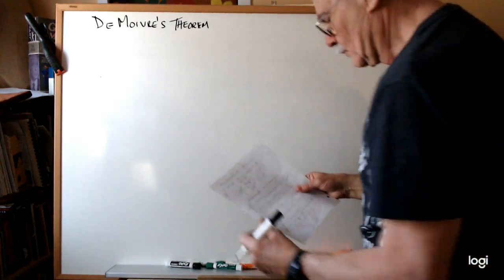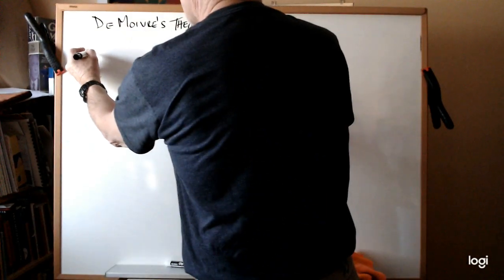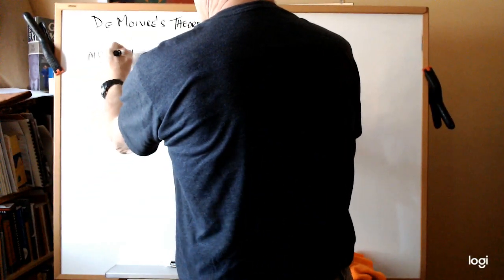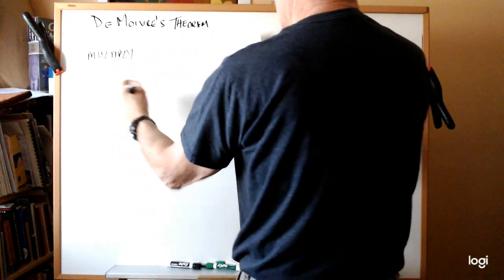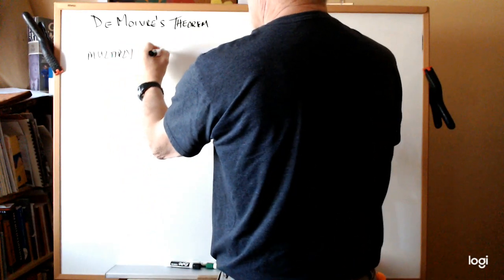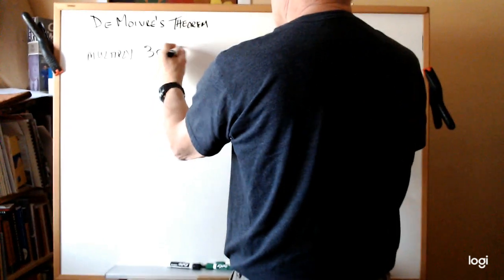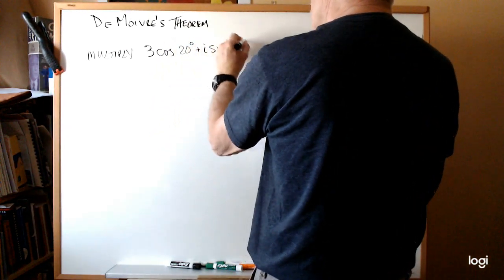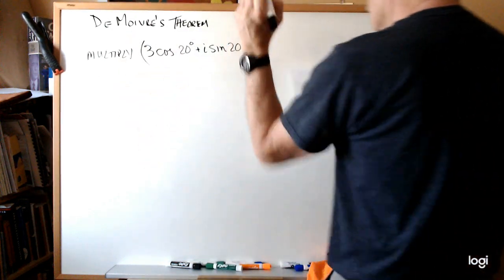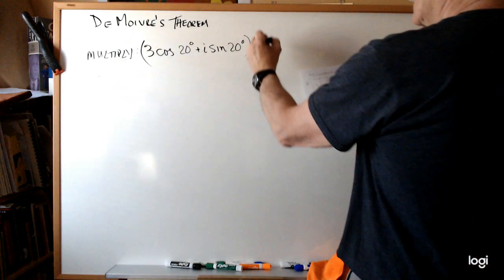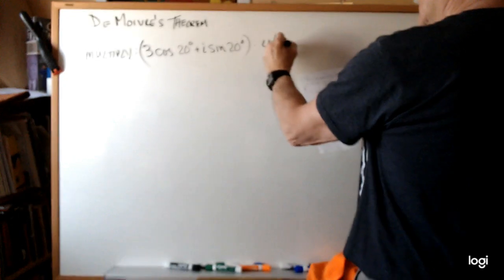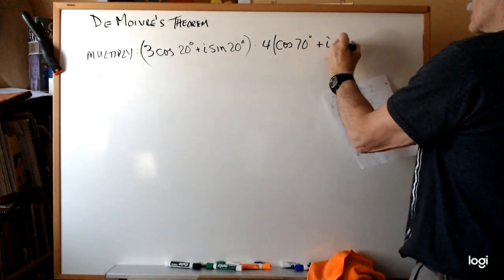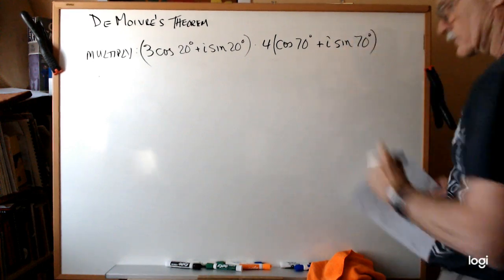And the problem will be to multiply 3 times cosine 20 plus i sine 20 degrees, times 4 times cosine 70 degrees plus i sine 70 degrees.